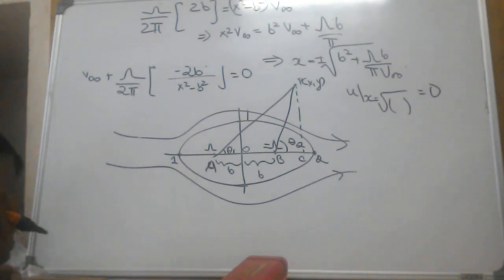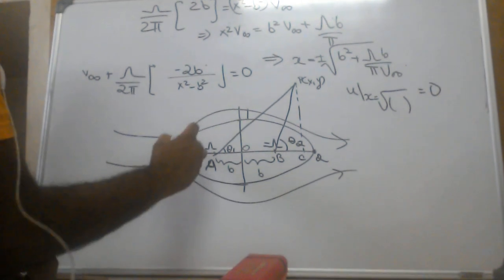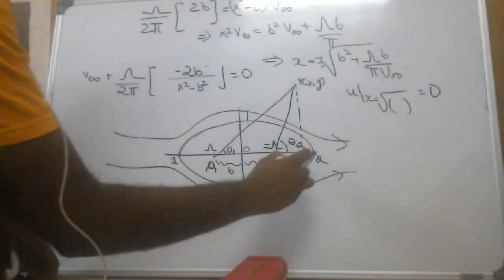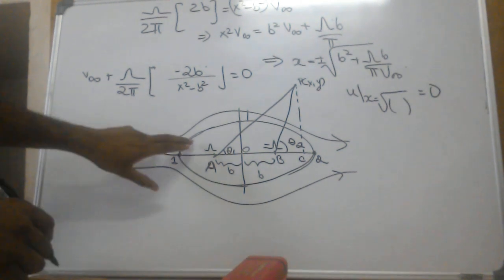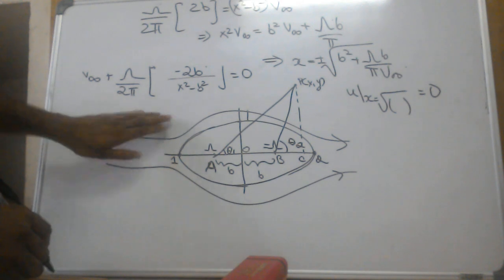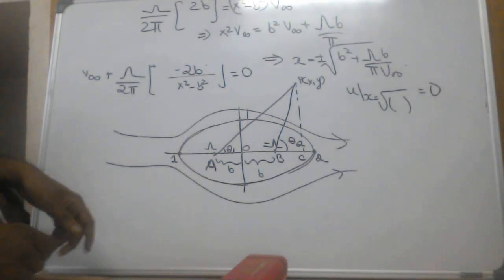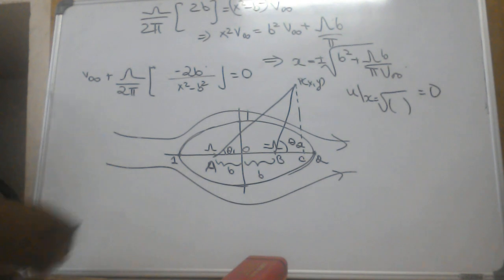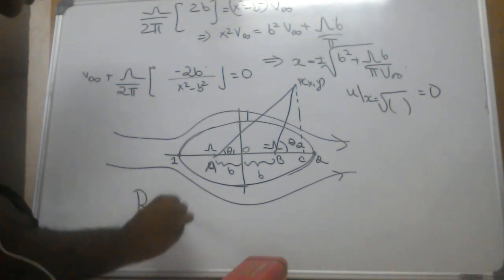So these 2 points are stagnation points, and the streamline that passes through these 2 points is called the stagnation streamline, and it acts as a separation streamline by separating the flow outside it and the flow inside it. And this specific flow is called the flow over a Rankine's oval, as I pointed out a little while ago.